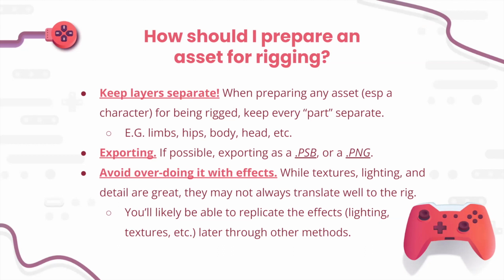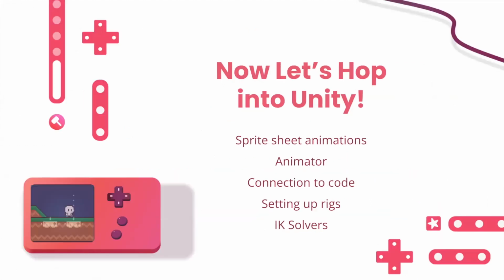You're likely going to be able to replicate a lot of these effects, such as lighting and textures, within Unity itself. So I would recommend keeping it simple. You'll see this in action in the later part of the tutorial, where we guide you through the rigging and generating the mesh for the rig. Okay, so now let's hop into Unity.